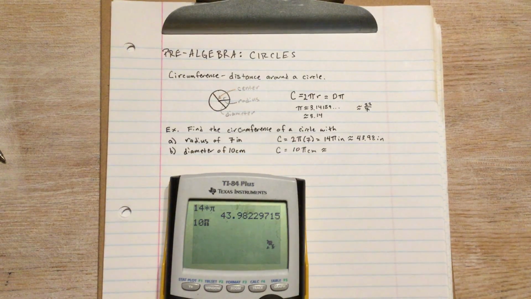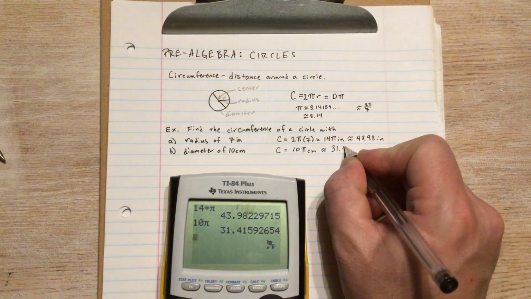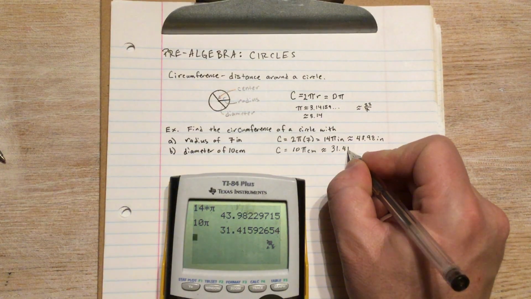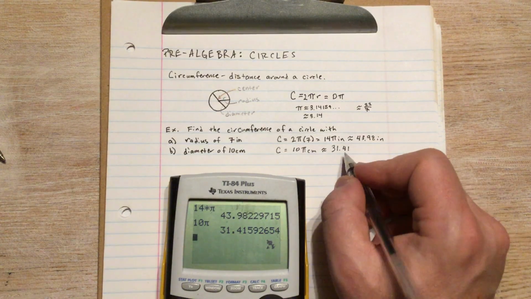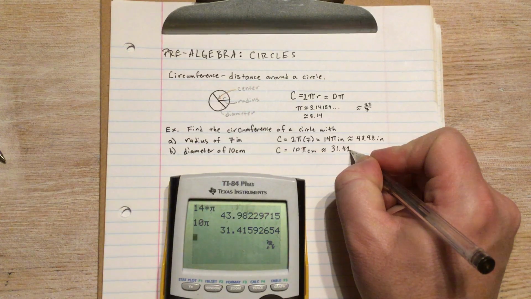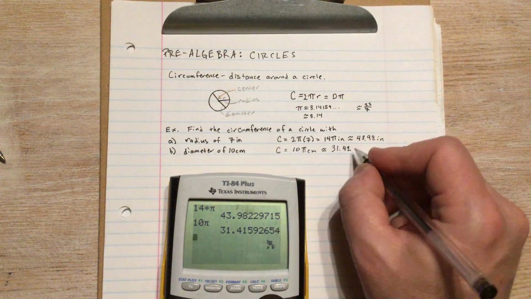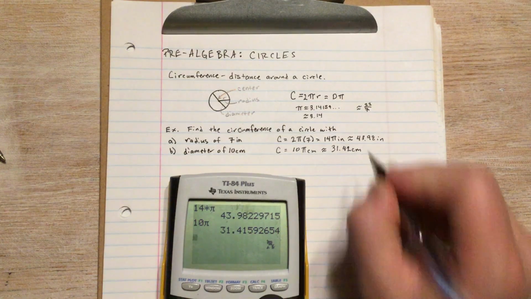So I put pi in there, and it's 31.4159, et cetera, it goes on. We're going to round it to the nearest hundredth. So that actually, because that's a 5, that rounds up, and so we get 31.42 centimeters.